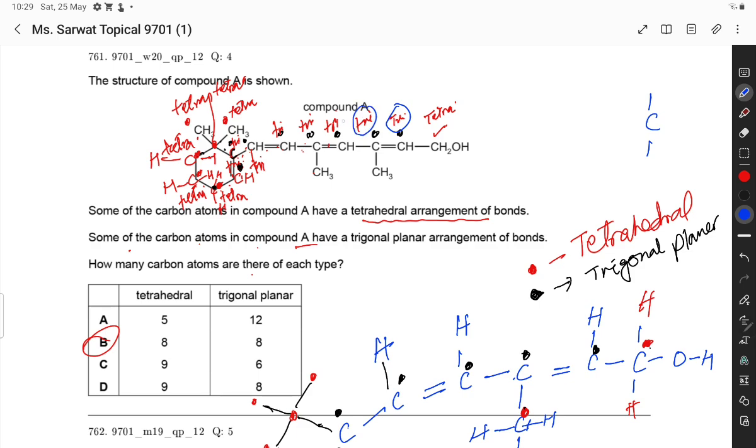I circle the trigonal ones with this pen: this is tri, this is tri, this is tri, this is tetra, this is tetra, this is tetra, this is tetra.